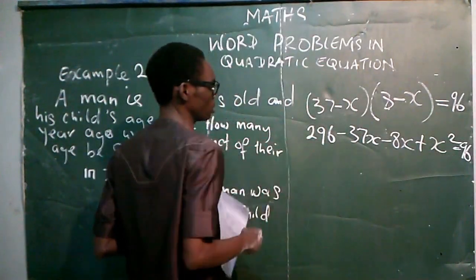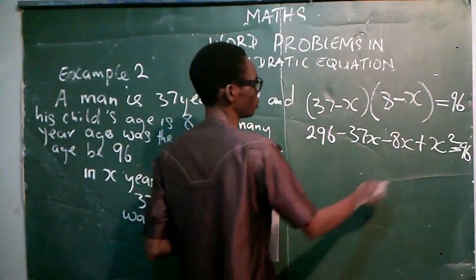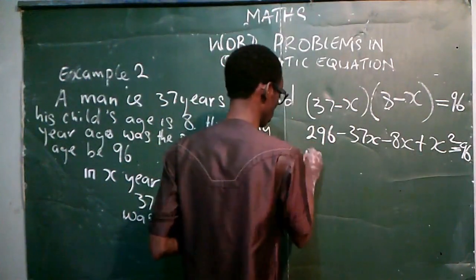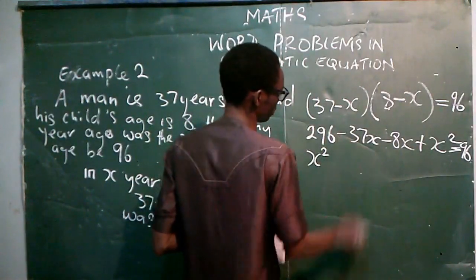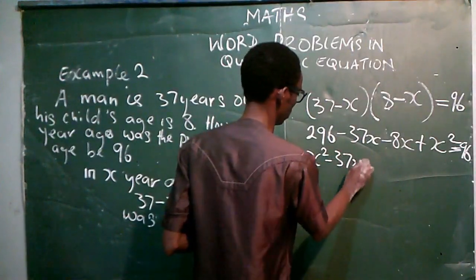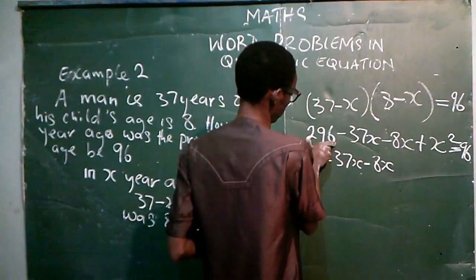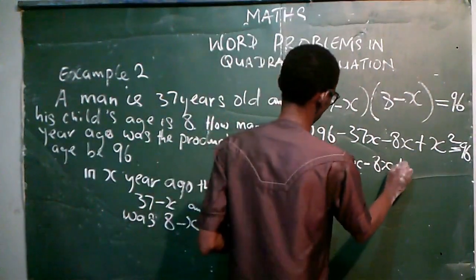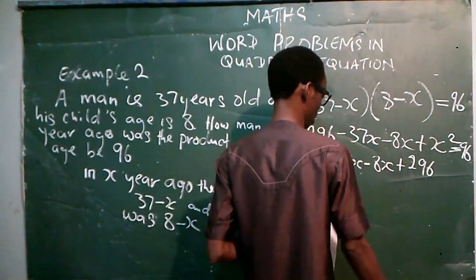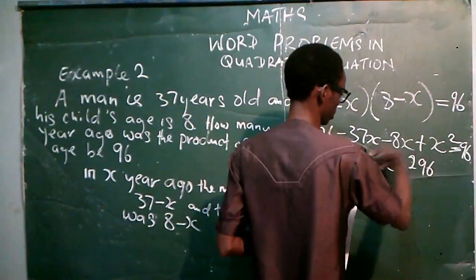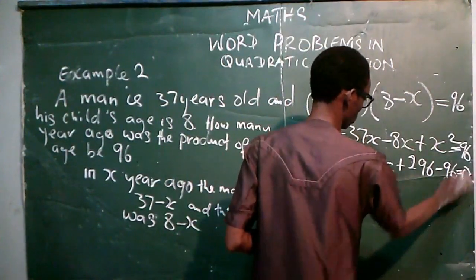Everything here is on the left hand side and this is equal to the 96 on the right hand side. So x squared is still on the left hand side, then minus 37x, minus 8x, plus 296, then bringing 96 from the right hand side to the left hand side, positive becomes negative, equal to 0.